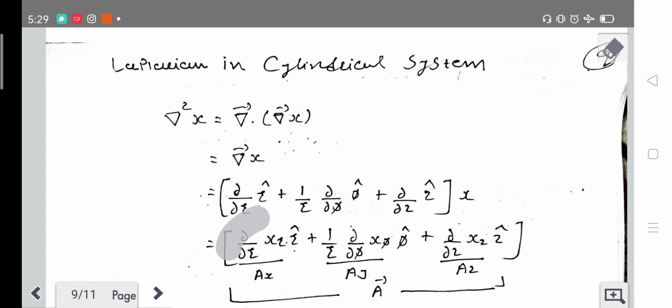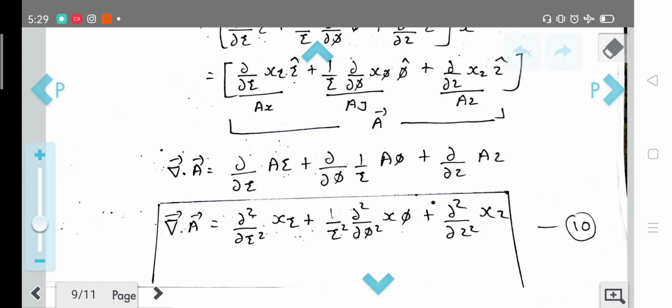So this term will be the r component of a, this term will be phi component of a, and this term will be z component of a. So let's take the divergence of vector a. So divergence of vector a will be del by del r, r component of a plus del by del phi, 1 upon r phi component of a, plus del by del z component of a.